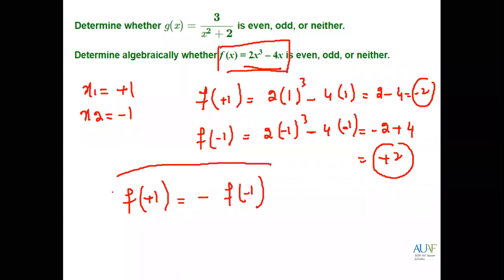So that function is called what? Yes, is this function even or odd? It is odd. Yes, it's an odd function because one result is plus 2, second one is minus 2.